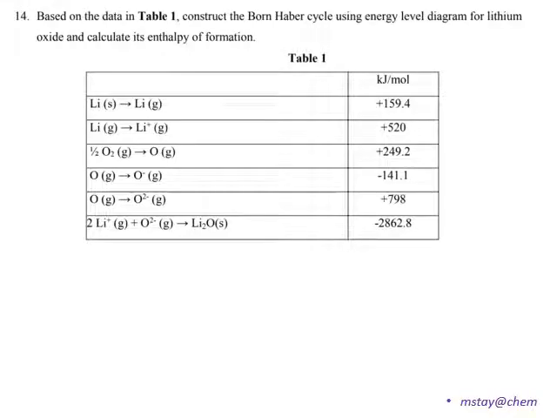Okay, after having a question about the Born-Haber cycle, now if we look at question number 14, it asks us to construct the Born-Haber cycle using the energy level diagram for lithium oxide. Okay, so lithium is Li+, oxide is O2-. So basically the formula is Li2O.